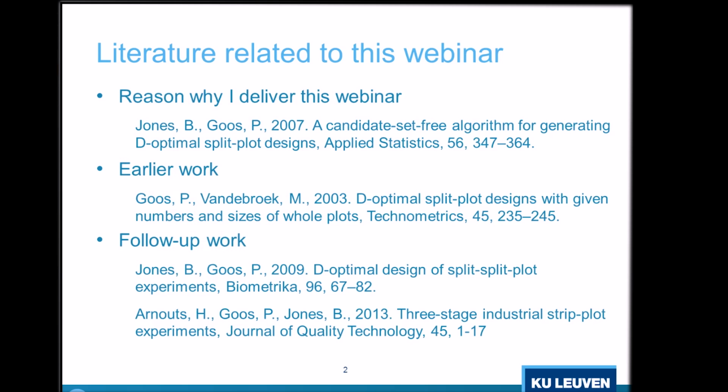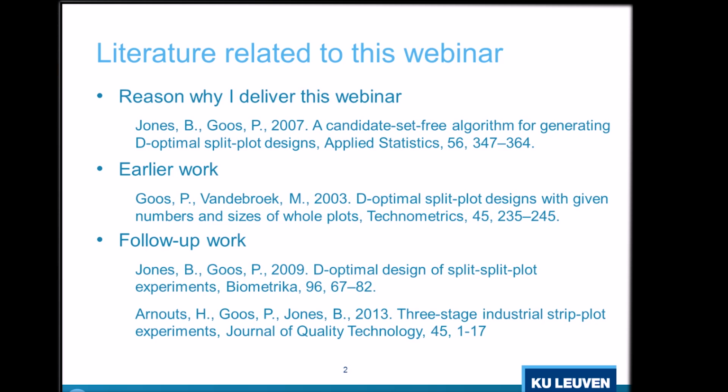That paper was basically follow-up work on an earlier paper by myself and my supervisor, Martina van den Broek, which was published in Technometrics in 2003. And the Applied Statistics paper, the 2007 paper, inspired some more work in the same area. For example, Bradley Jones and I published a paper in Biometrika in 2009 on split-split-plot designs.